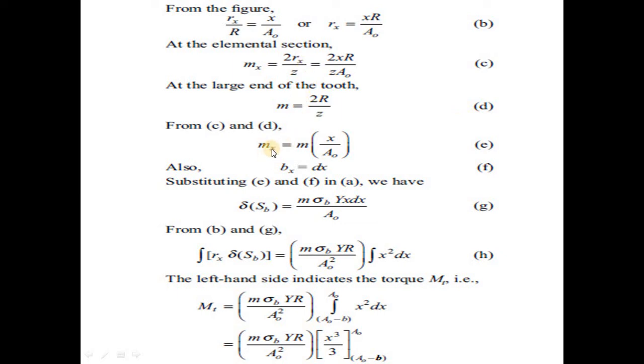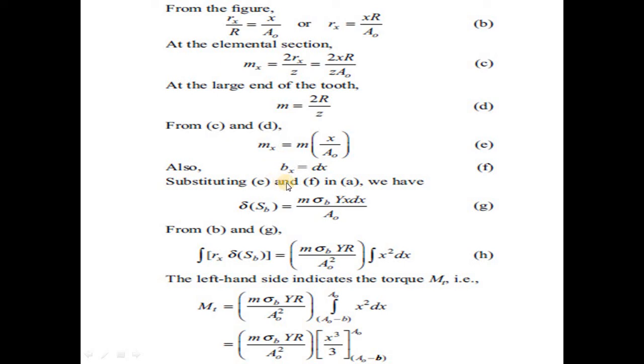Here mx is equal to m, put the value here, then we can find the value of x divided by A naught. R gets cancelled, and finally we get the module mx, the normal module for the elemental section. Mx is equal to m, the normal larger end module, into x upon A naught.